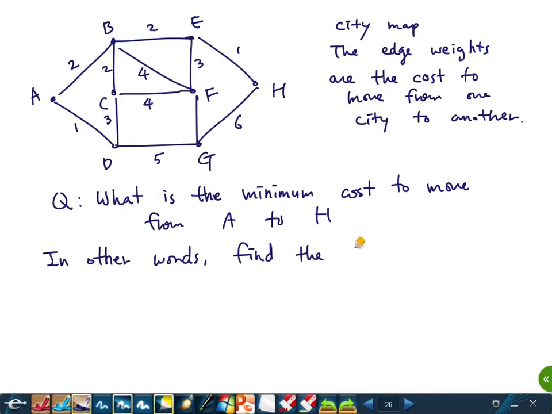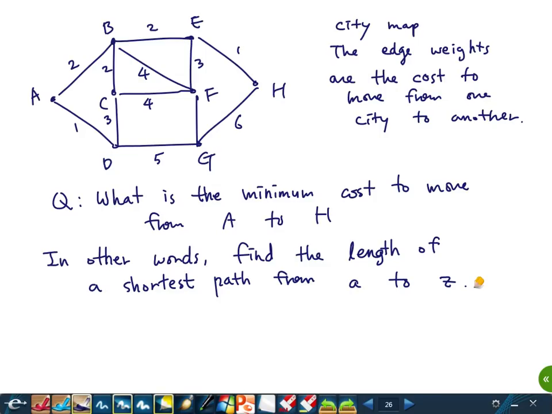So find the length of a shortest path, because we want to say shortest. The length of this edge is 2. So the length of this path is 2 plus 4 equals 6. From some A to Z.